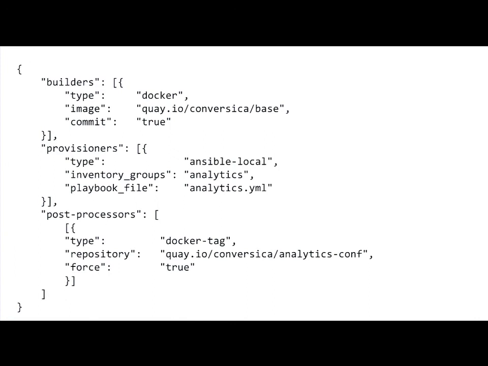This is an example of a Packer configuration file. It's JSON format. Each of these is an array. You've got an array of builders. You have to have at least one builder. An array of provisioners, these are optional. You can have 0 to n. And an array of post processors, also optional, 0 to n.